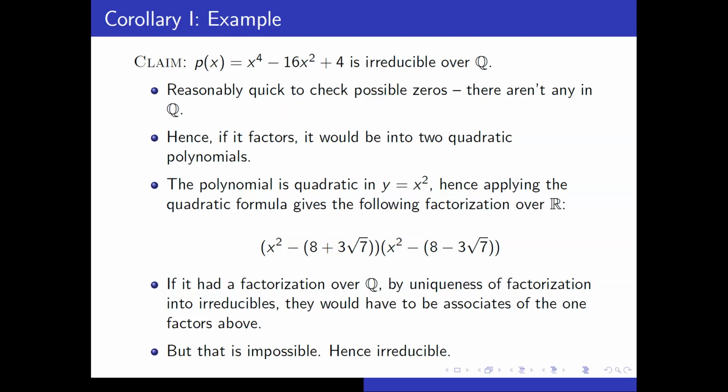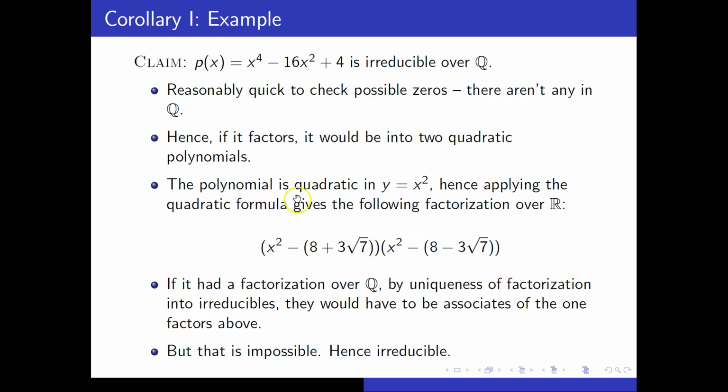So if it doesn't have zeros, it can't factor as a linear times a cubic. So the only way it could possibly factor would be into 2 quadratics, so 2 degree-2 polynomials. I could set up those 2 possible equations, crank out the factors and see if I can solve it. Spoiler: it won't solve.